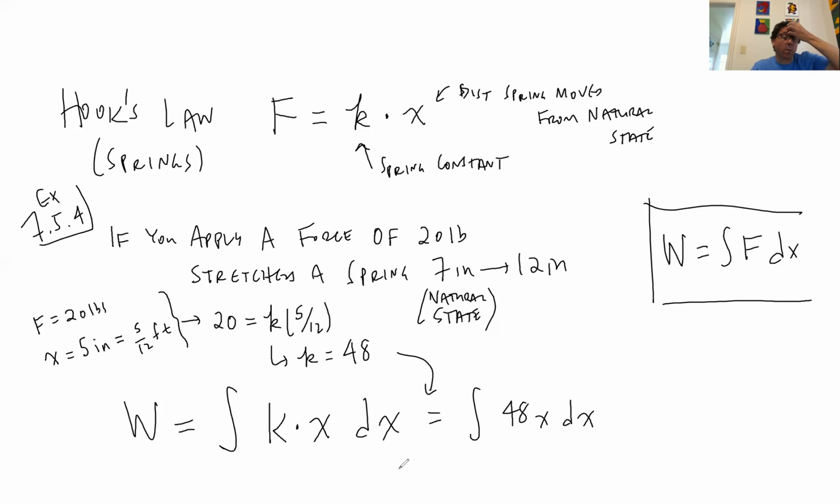And then how about the bounds? Well, x is how far you moved it. So you moved it from the natural state out to 5 inches out. Again, I'm going to want to use 5/12 because it's feet.